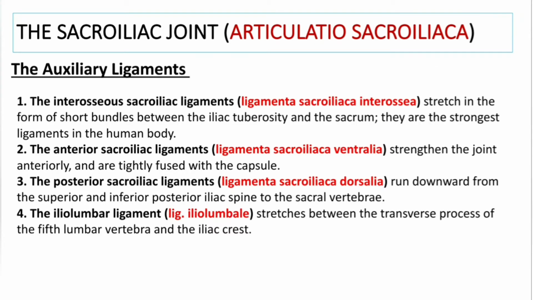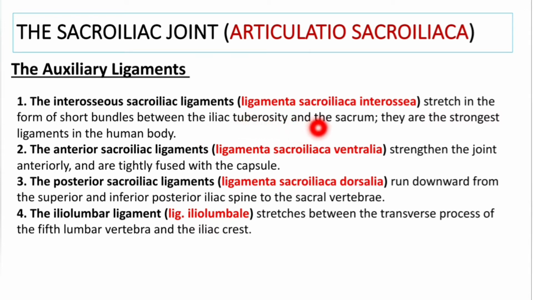Next, auxiliary ligaments of the sacroiliac joint. There are four main ligaments, like we can say four groups. The first group, the interosseous sacroiliac ligaments, ligamenta sacroiliaca interossea. These ligaments stretch in the form of short bundles between the iliac tuberosity and the sacrum.